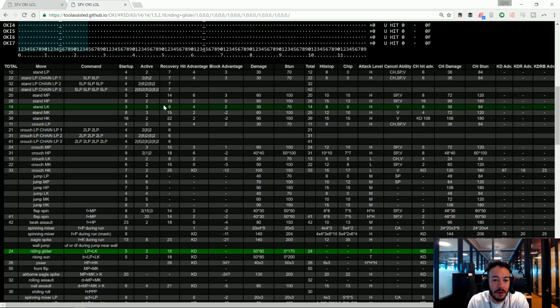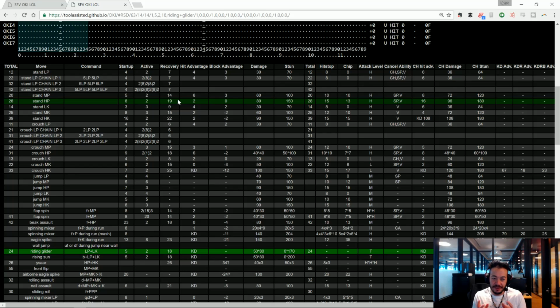Now generally, what we want to do when we're trying to land a throw is look for moves that leave us at plus two. The reason for that is because there are no normals that start up faster than 3 frames.